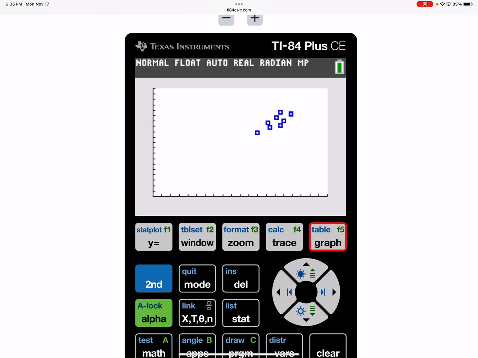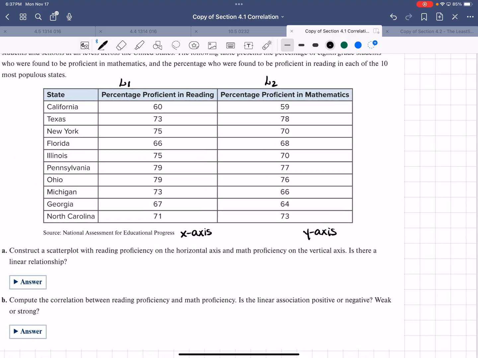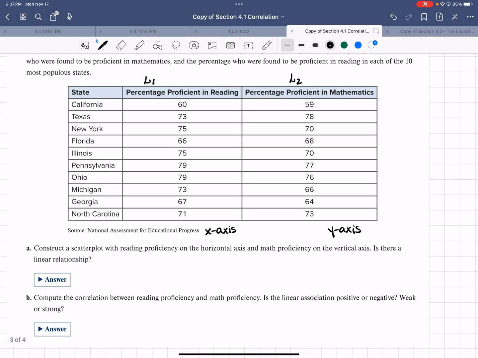Everybody got some little dots going on there? You can tell it's positive. You can tell it's somewhat linear, right? So we go back over here, and it says construct a scatter plot. We did. Is there a linear relationship? Yes. Positive, linear.